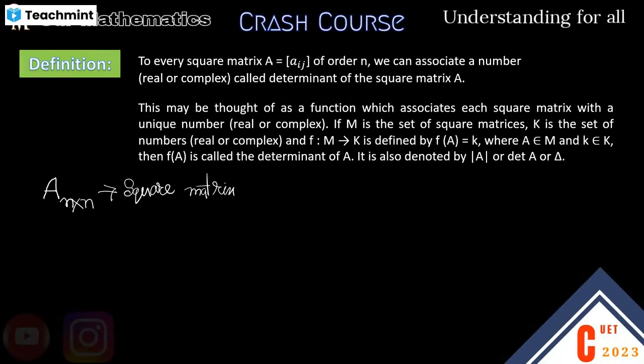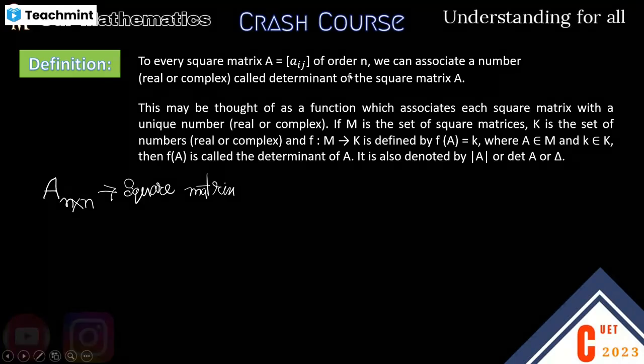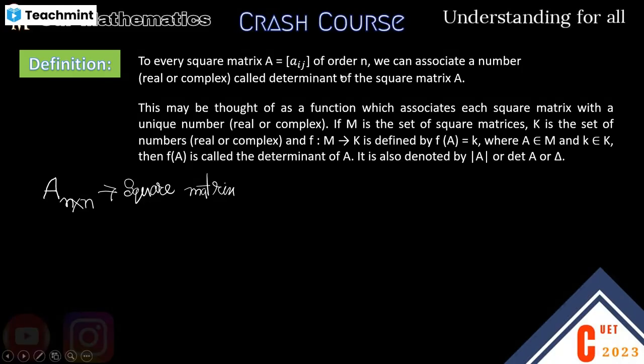To every square matrix A of order n, we can associate a number, real or complex, called the determinant of the square matrix A. That is, for any matrix A of order n by n, it must be a square matrix. Then and only then we can find its determinant. This may be thought of as a function which associates each square matrix with a unique number, so the determinant is unique.